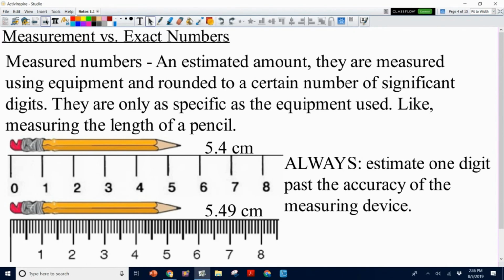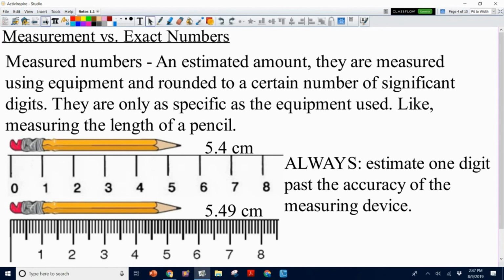All right, so if we measured the pencil on the top, what is the certain digit? You have to look at the certain digit, and then you have to estimate 1 digit after that. So what do we know for absolute certain? Well, that the pencil is at least 5 centimeters long, because we see the tip of the pencil goes to at least the 5 mark. But it falls somewhere between the 5 and the 6, and we don't know exactly where that is because we don't have any hash marks.